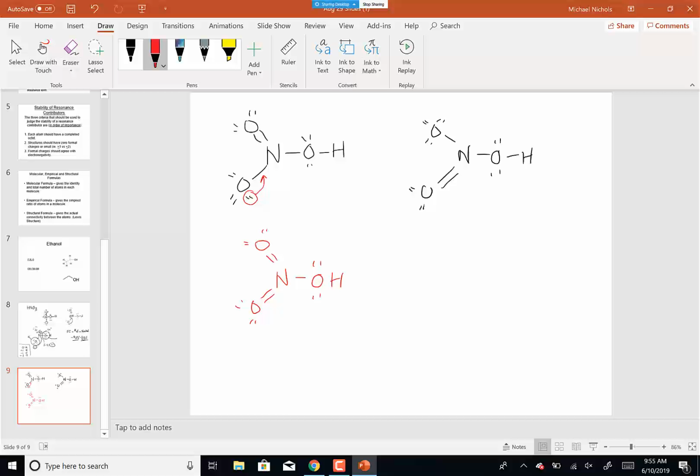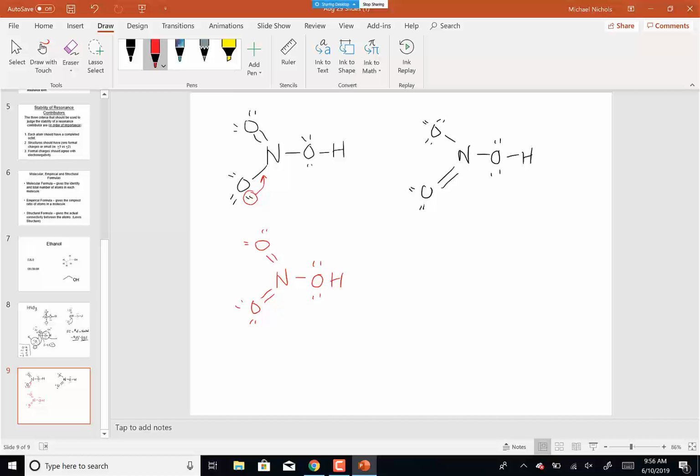If I just move that lone pair of electrons between the nitrogen and the oxygen, I have that structure. What's wrong with that structure? The nitrogen is sharing how many valence electrons? 10. Is it allowed to do that? No. So I cannot stop there.